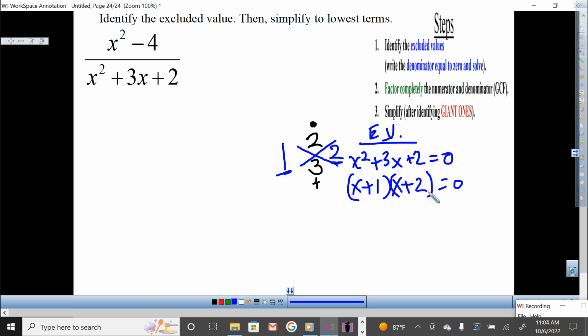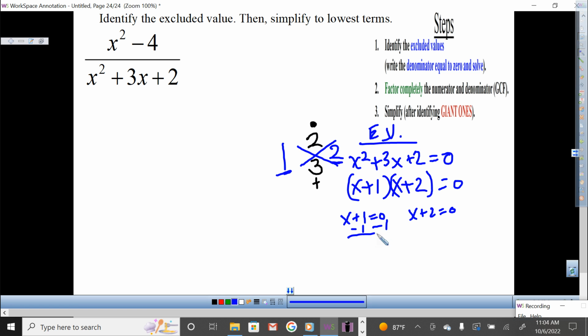That is correct. We're using the shortcut, yes? Am I done solving? No, tell your neighbor what to do from there. Set each one equal to 0, x plus 1 equal to 0, x plus 2 equal to 0, and then we solve.